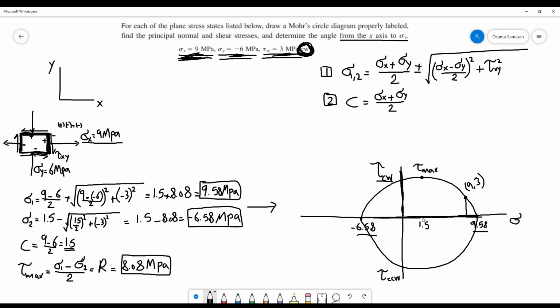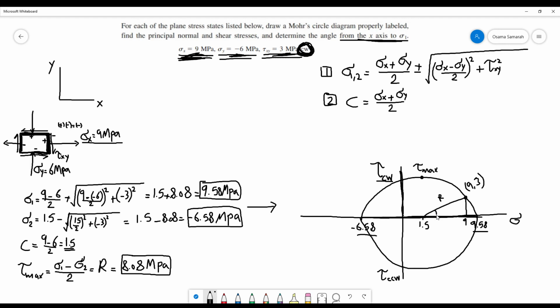Now you can connect the radius from the center. So this is the radius, and this is 9 right here for sigma. Now the problem is asking us to determine the angle from the x-axis to sigma 1.